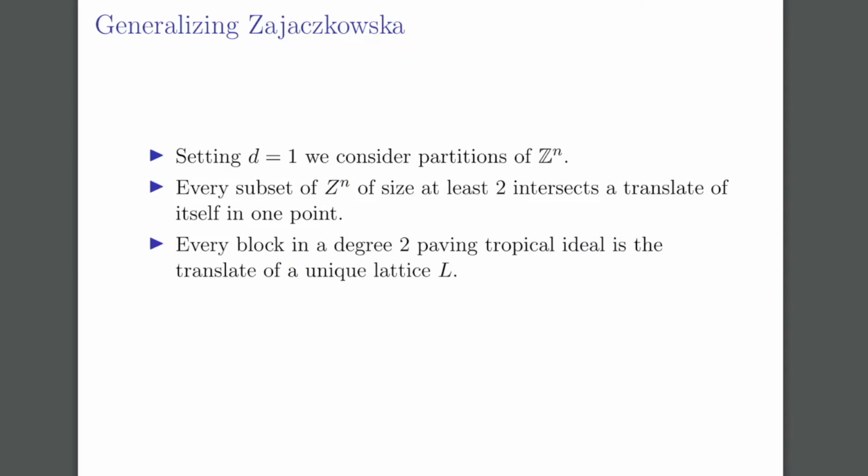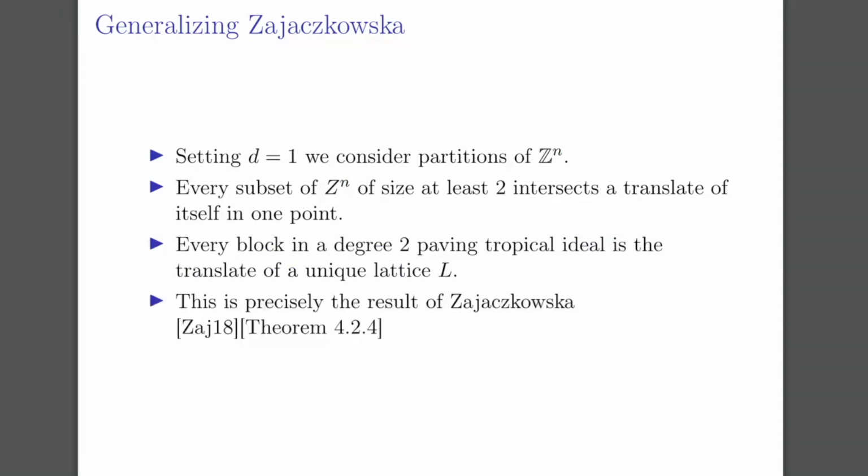But then I can translate this lattice to sit on any point. So every point in Z^n sits in a translate of this lattice. So this lattice uniquely determines the entire structure of the tropical ideal. And this is why we have a unique correspondence between degree 2 paving tropical ideals and sublattices of Z^n. Very good. And this is precisely what Zajaczkowska proves in her thesis.